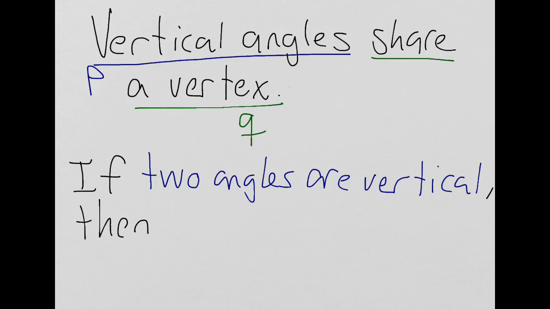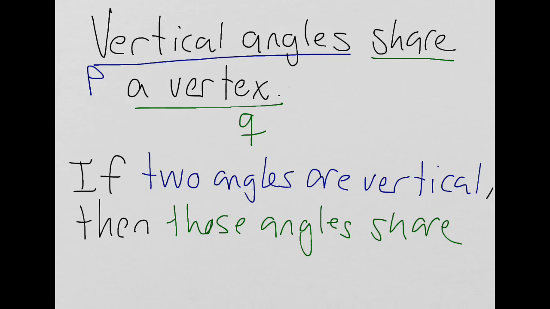Then those angles share a vertex. And we have turned our original statement here, vertical angles share a vertex, into a lovely conditional statement. If two angles are vertical, then those angles share a vertex.